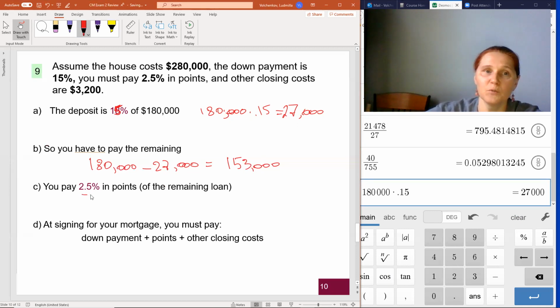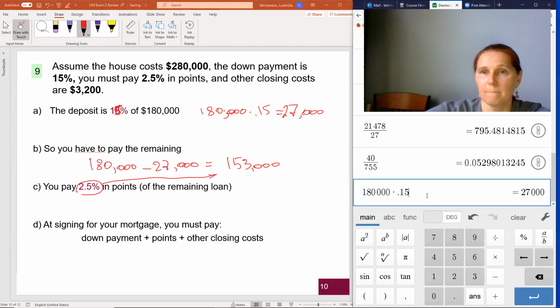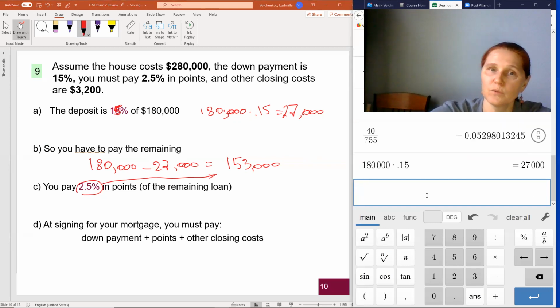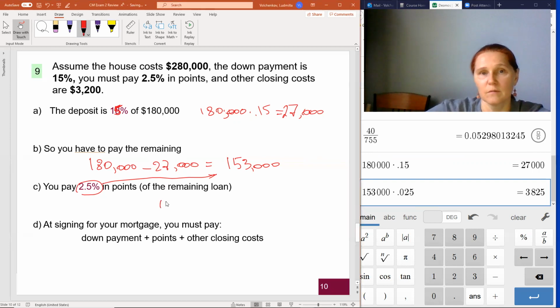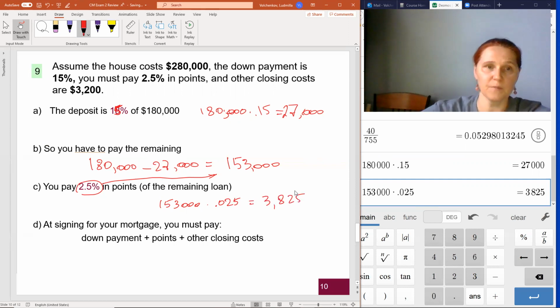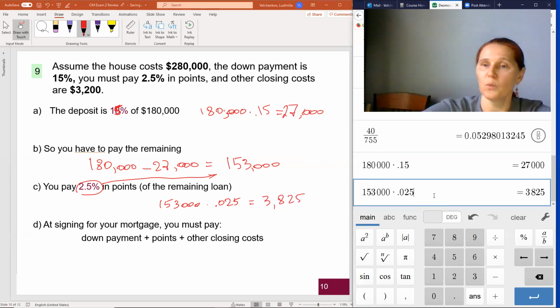So this 2.5% is taken from the remaining loan. So you take 153,000 and multiply by 2.5% in decimal form, 0.025. It is $3,825.